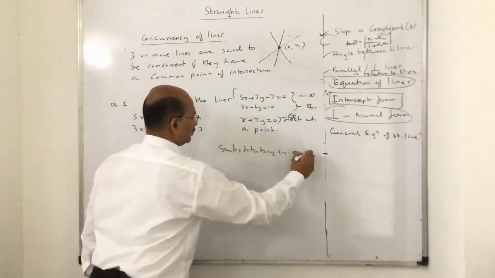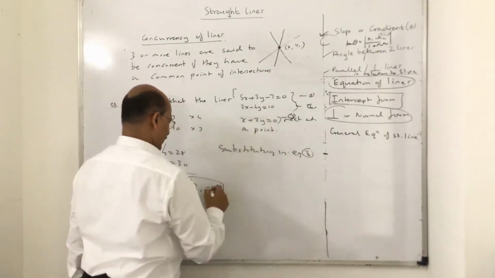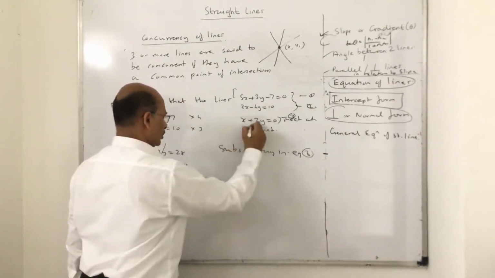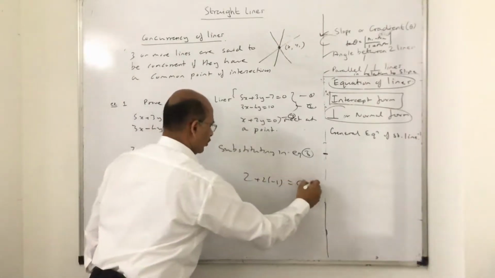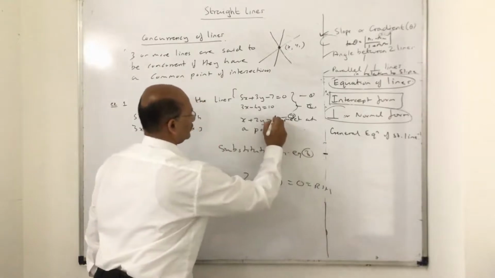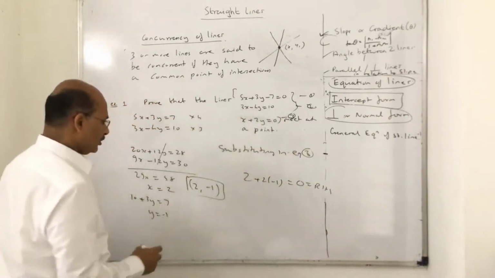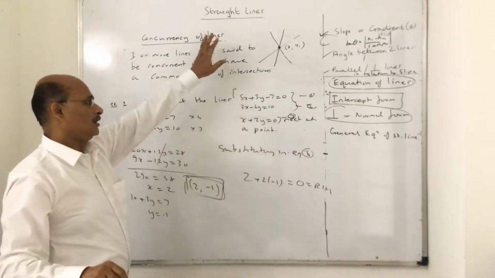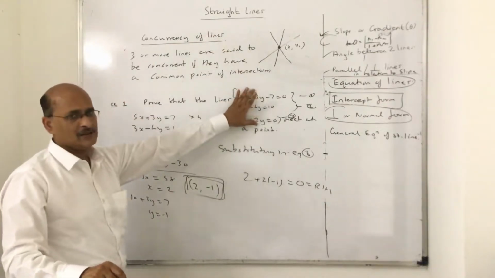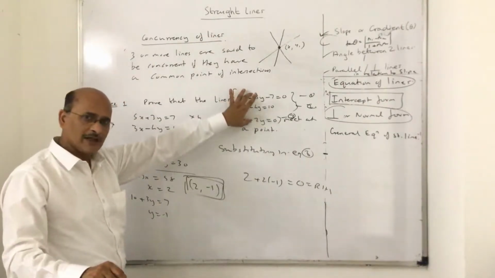Substituting in equation 3, what happens over here? 2 plus 2 into minus 1. What is it? 0, which is equal to the RHS. That means this 2 and minus 1 is nothing but a common solution for the three lines. It satisfies all three lines.